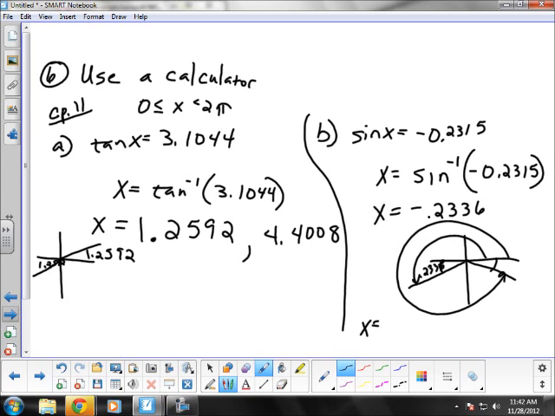Somebody tell me. 3.3752. Thank you. I don't add the negative. All I got from that was how far down. The value that I'm going to use as my reference angle is the positive value.